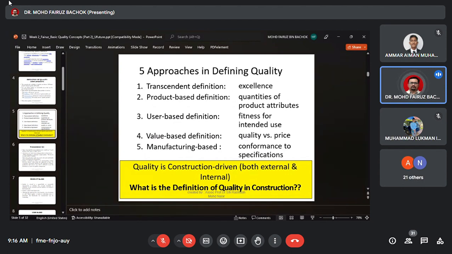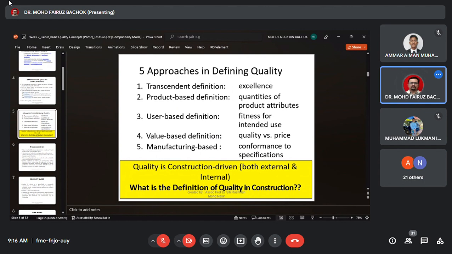If you choose the user-based approach, you need to look at the fitness for the intended use, for the operation and function of the product. Different from the product-based approach, the value-based approach is more toward price.